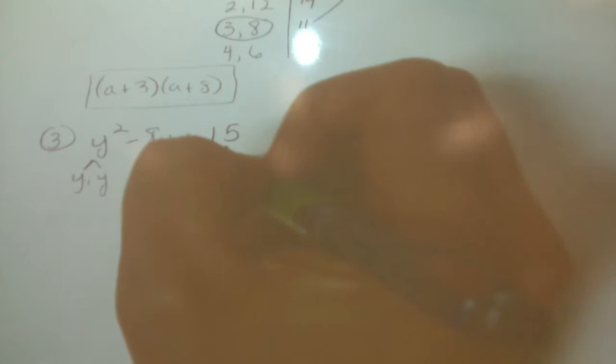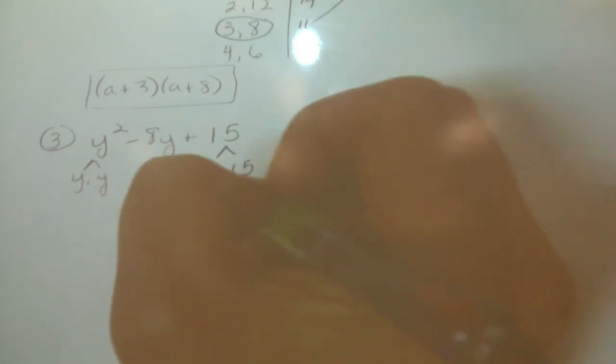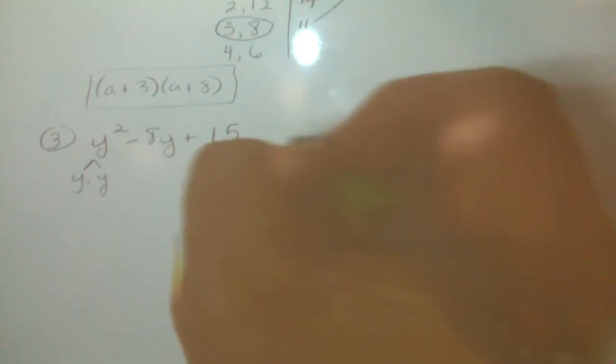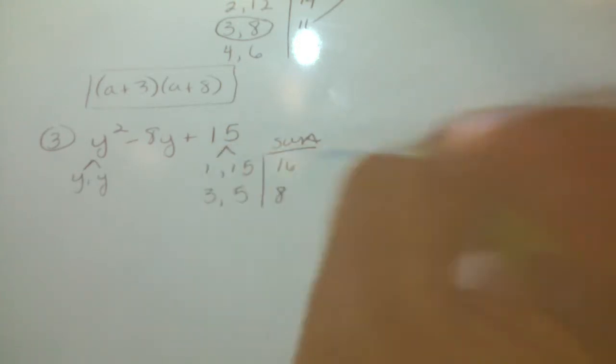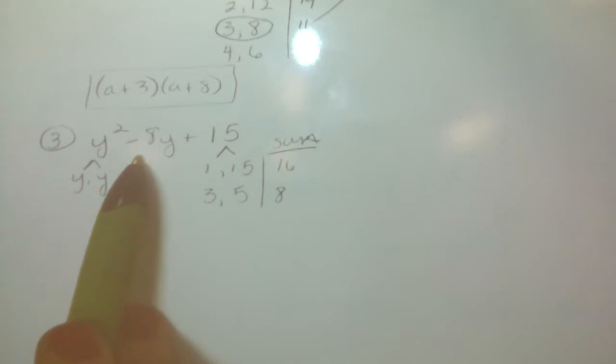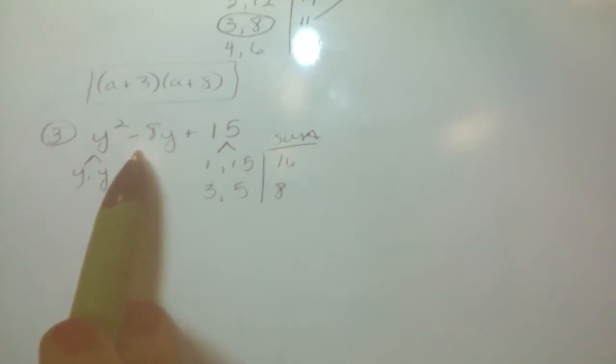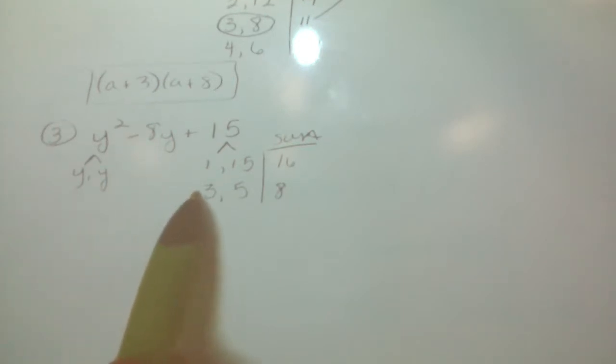So when I list my factor pairs for this, I've got 1, 15, 3, and 5. Now when I take the sum, I'm getting 16 and 8. But I'm looking for a negative 8. Well, you've got to be careful here.